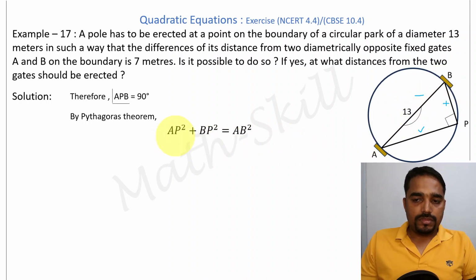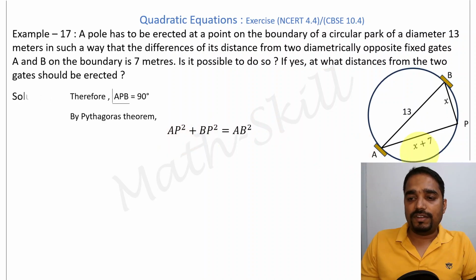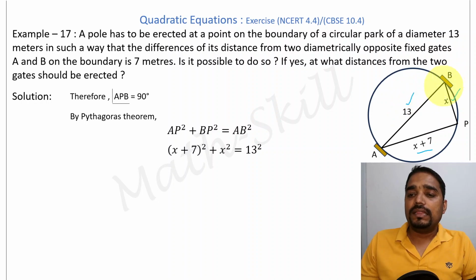So, AP is what we have already found out as X plus 7. Here BP is what is assumed as X, and AB is equal to 13 is what is given. Therefore, X plus 7 whole square plus X square is equal to 13 square.